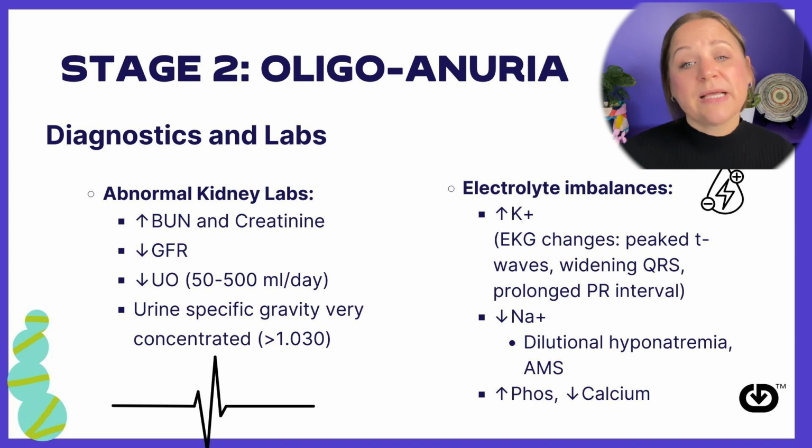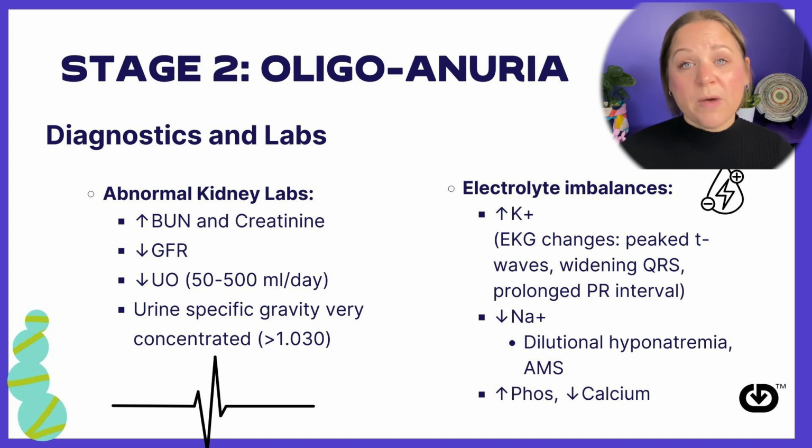We will also note electrolyte imbalances, most notably a high potassium, hyperkalemia. And hyperkalemia is going to be associated with EKG changes like peaked T waves, widening QRS, a prolonged PR interval. And we're going to see a low sodium, and this is called a dilutional hyponatremia.